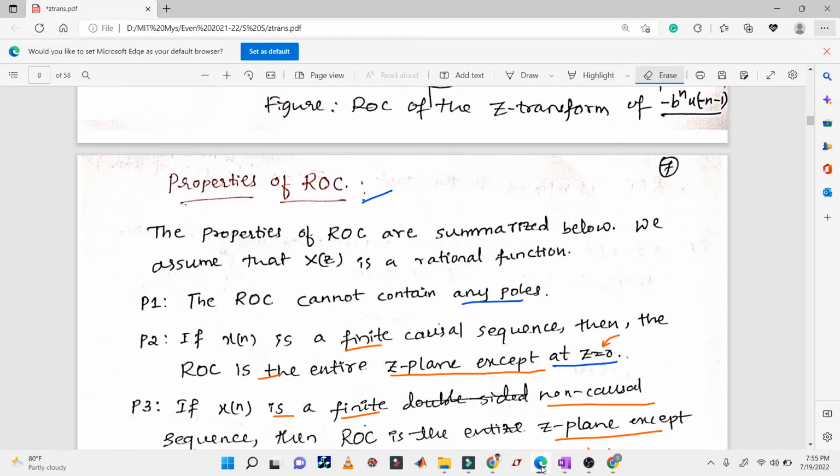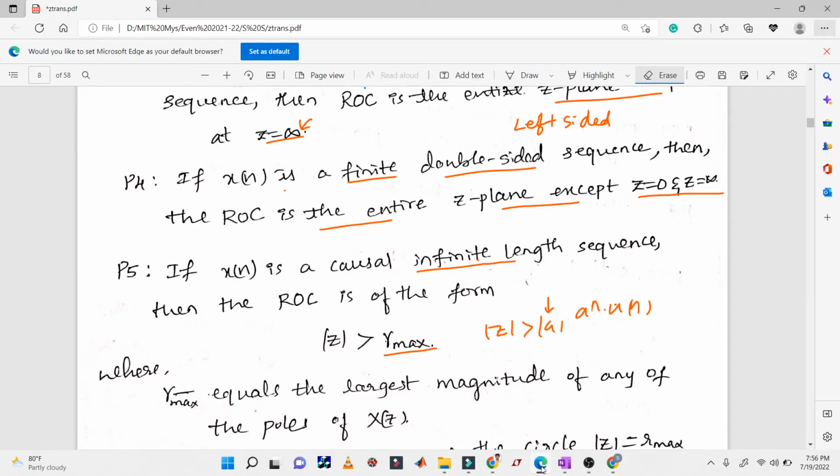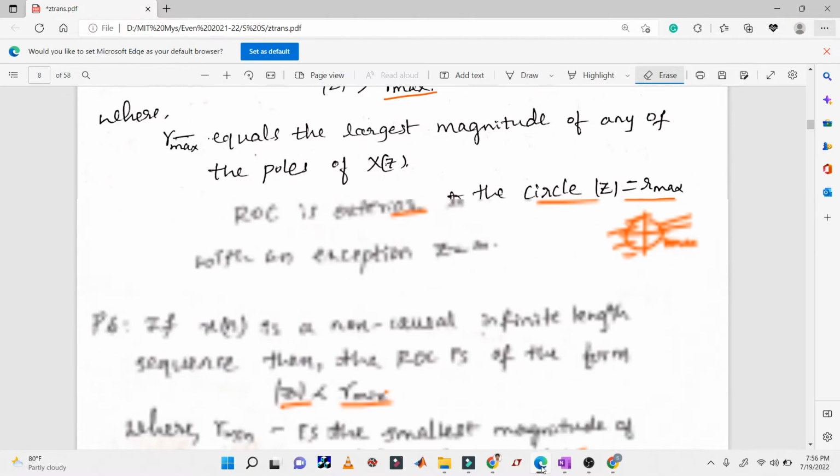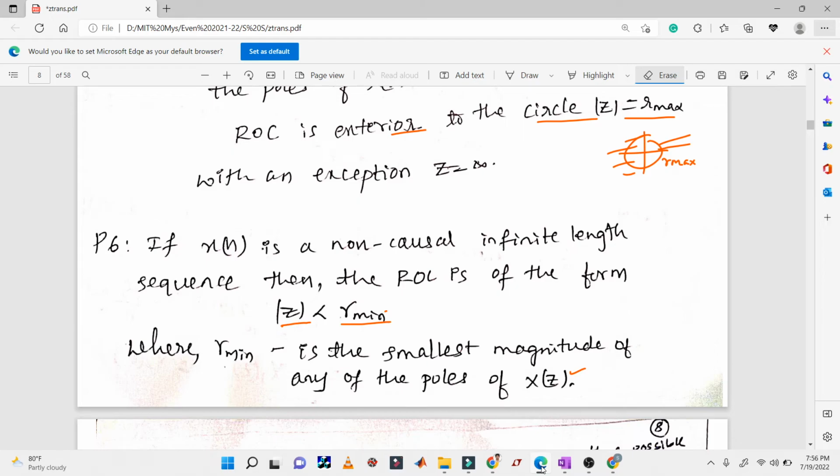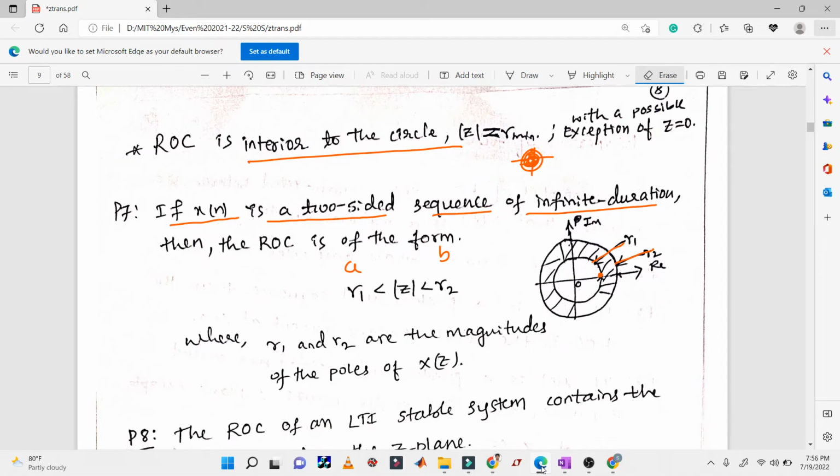See here it is. The ROC cannot contain any poles. So there should not be any poles inside the region of convergence. Then for finite causal sequence, finite non-causal sequence, finite double-sided sequence. Then for causal infinite length, non-causal infinite length, and double-sided infinite length.